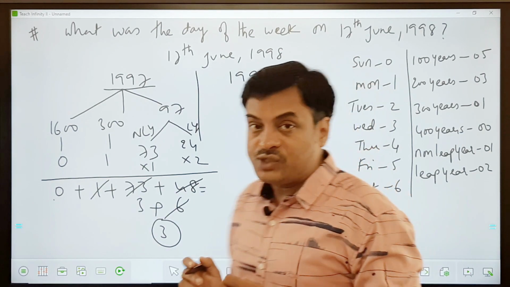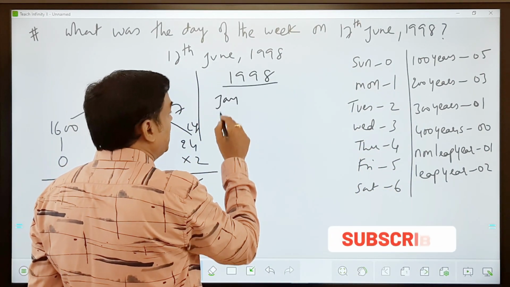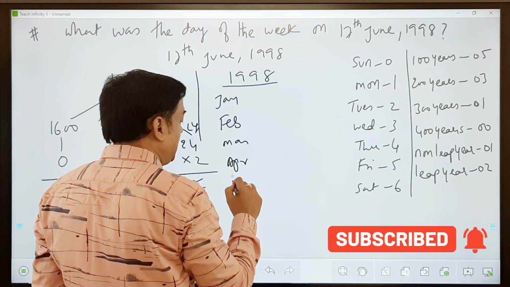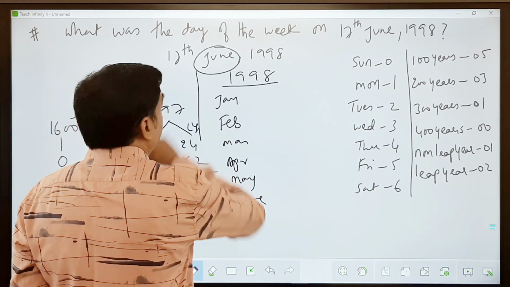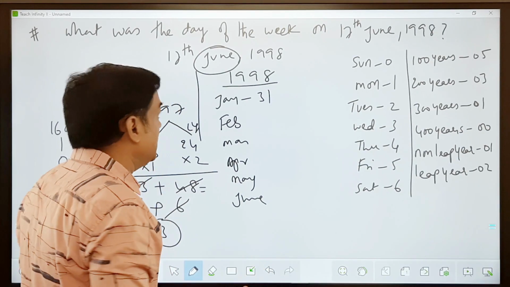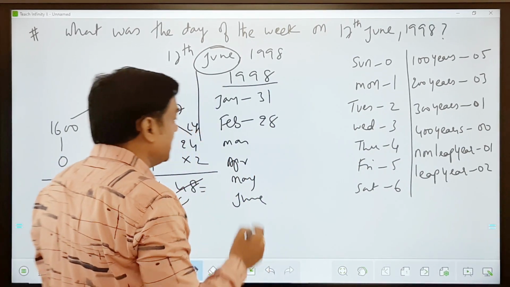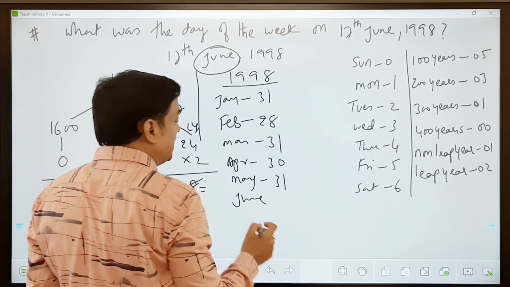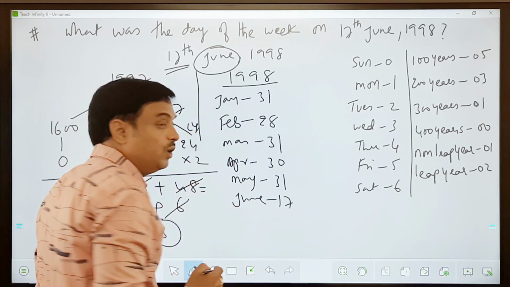Now coming to the calculation for 1998, we have January, February, March, April, May, June, and we are talking up to the month of June. January will have 31 days. Since it's a non-leap year, February will have 28 days, then 31 days, 30 days, 31 days, and for June I am targeting the 17th, so I'll take 17 over here.